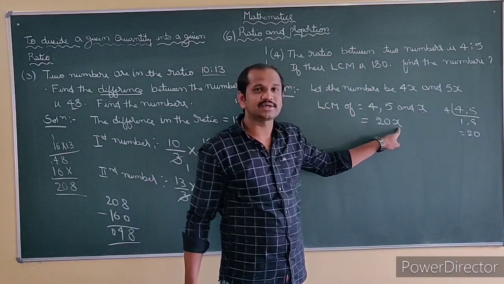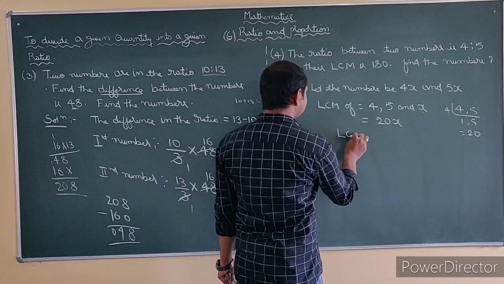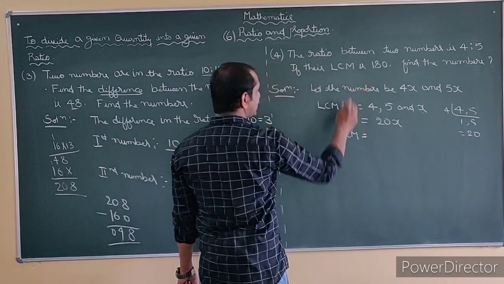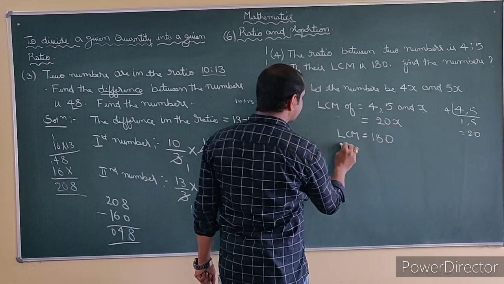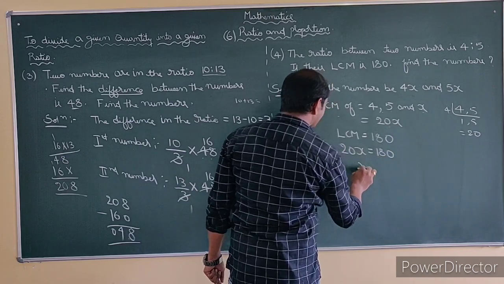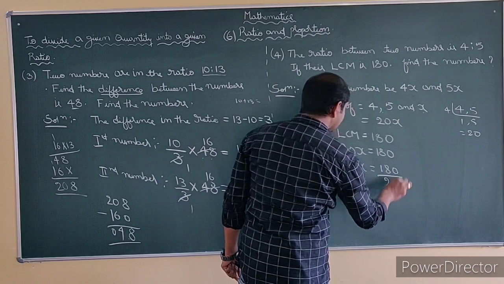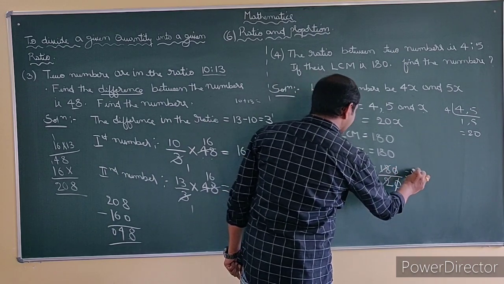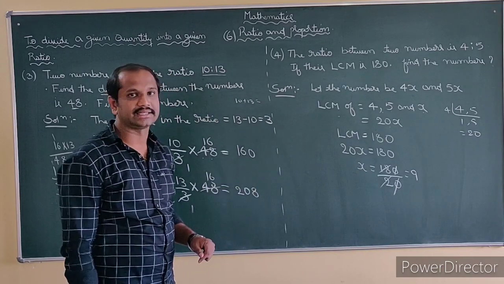Therefore, the LCM is 20x. The LCM they have already given is 180. Therefore 20x is equal to 180. So x is equal to 180 by 20. What is the x value? The x value is nothing but 9.